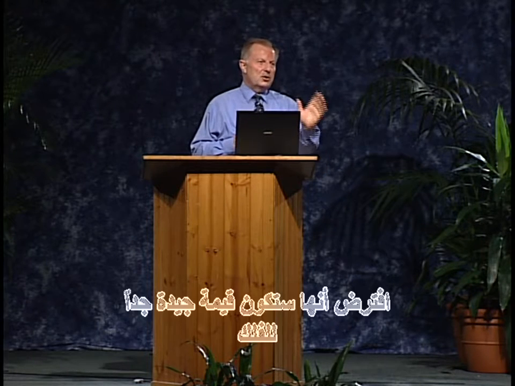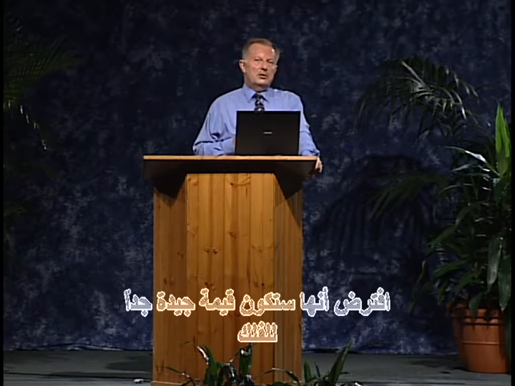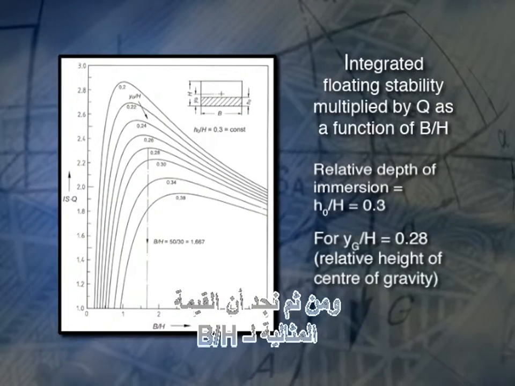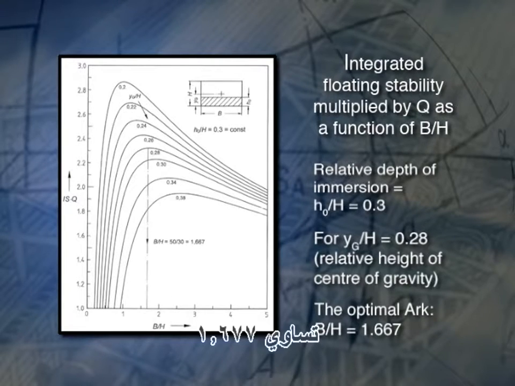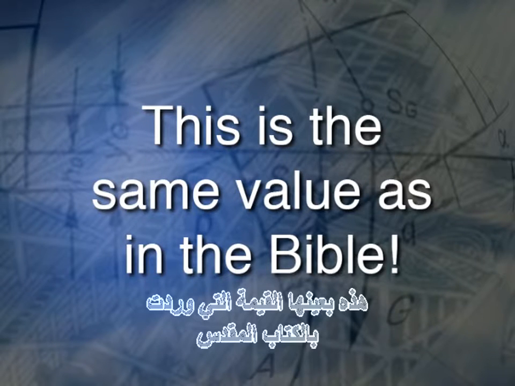Then if we use this special value, I assume that it would be a good value for the ark. Then we find the optimal value b over h, 1.667. This is the same value as we see in the Bible.